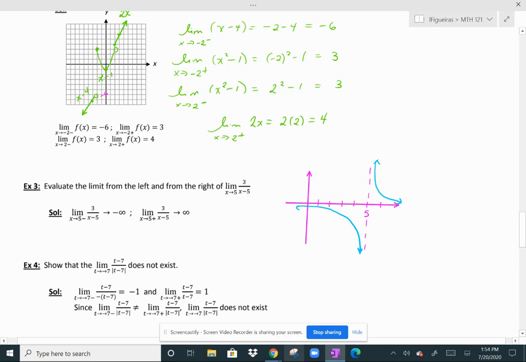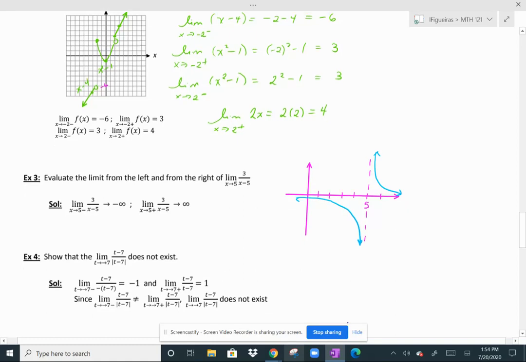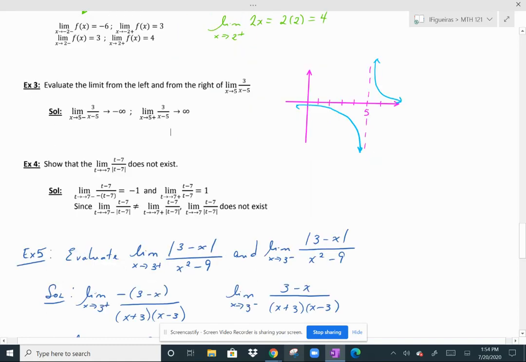All right, so here we have an absolute value function. We want to show that the limit as t approaches 7 of t minus 7 over the absolute value of t minus 7 does not exist. So in order to prove that something does not exist, either the limit has to be going to infinity or negative infinity, or the limit on the right and left side of, in this case, 7 has to be different.